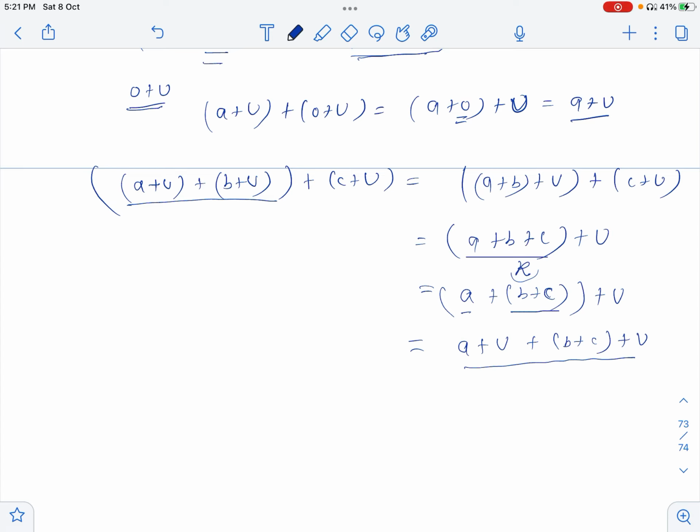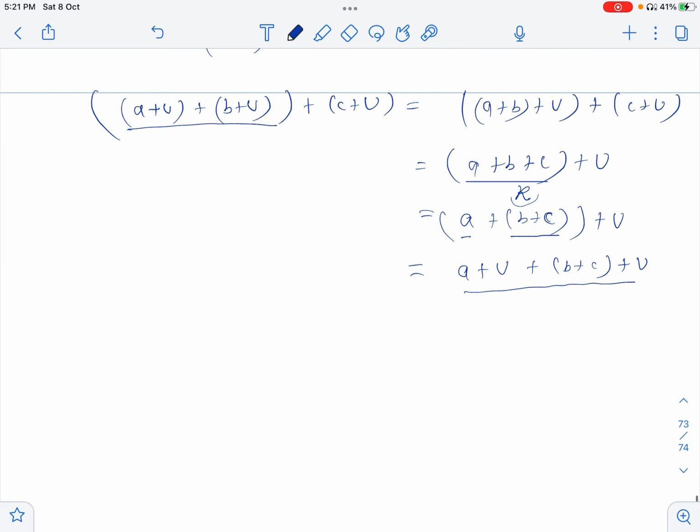So it is associative with respect to addition.